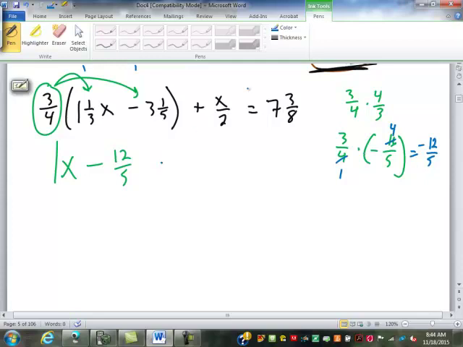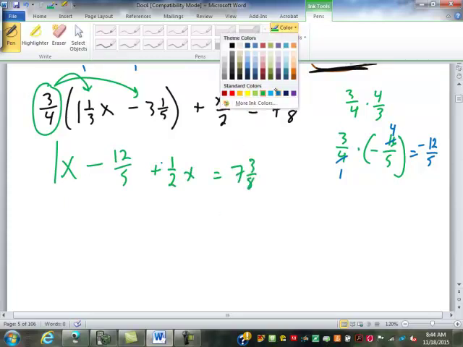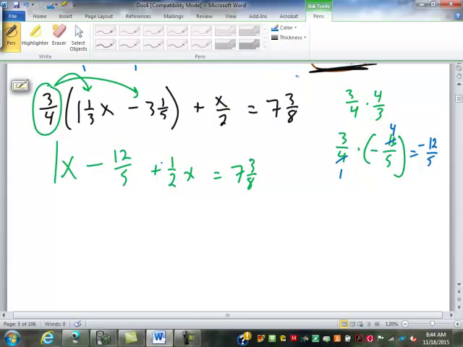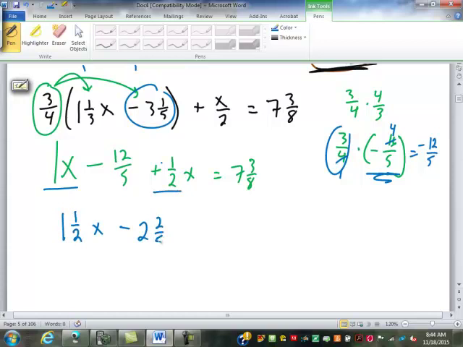Now this x over 2, I'm going to change that to 1/2 x equals 7 3/8. Yeah, 3 and 1/5 became negative 16/5, and I multiplied by the 3/4. So now I have 1x and 1/2 x, that's 1 1/2 x, minus my 2 and 2/5.